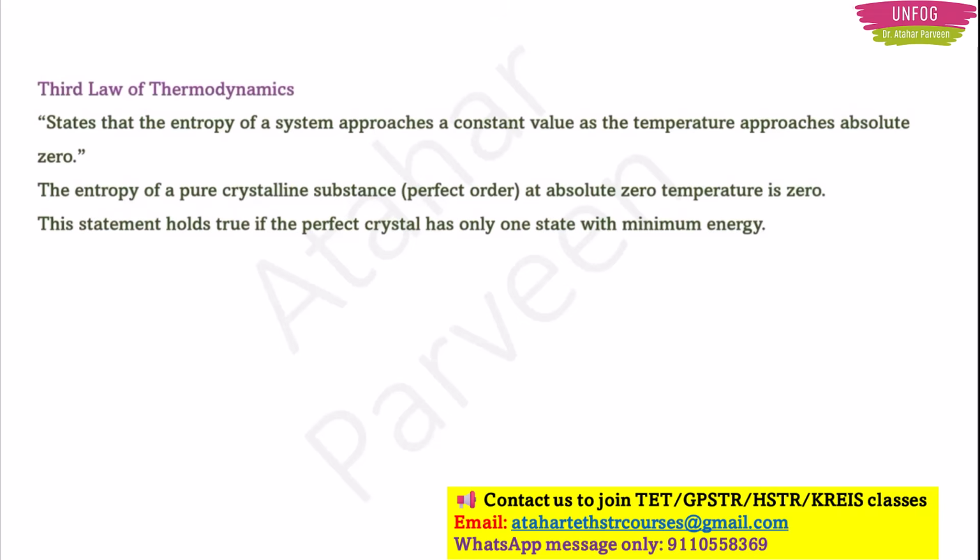Means there is no disorderliness. For example, if you take a crystalline substance, in a crystalline substance, all the things are arranged periodically inside it. That means it is having a perfect order. If this crystalline substance is at absolute zero temperature, then the entropy is zero. That means there is no disturbance in that crystal.